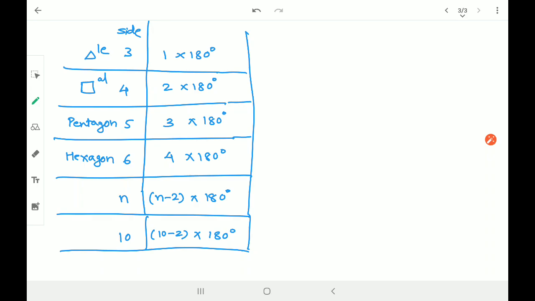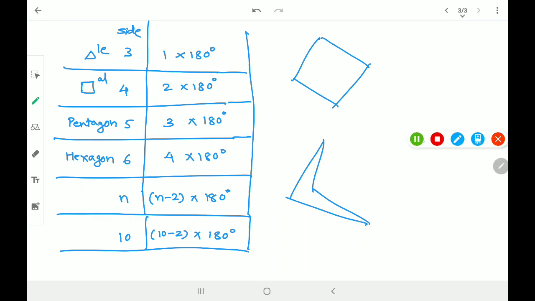And the same is true not only for convex polygons but also for concave polygons, let me tell you. Any kind of concave polygon also, the same formula is true. Got it clear? Understood? Okay.